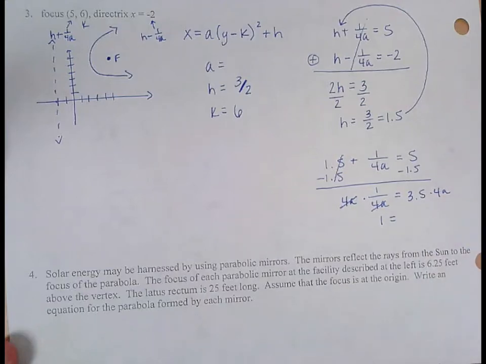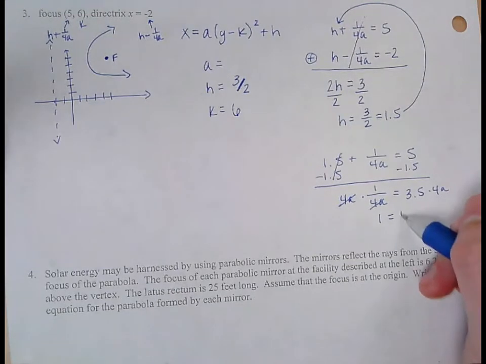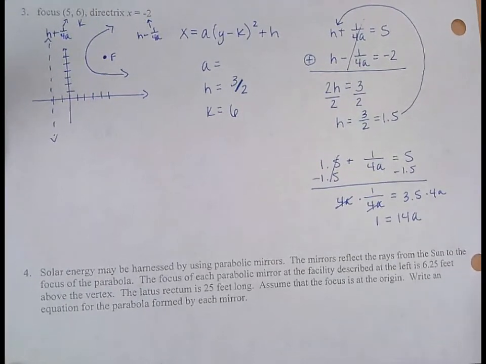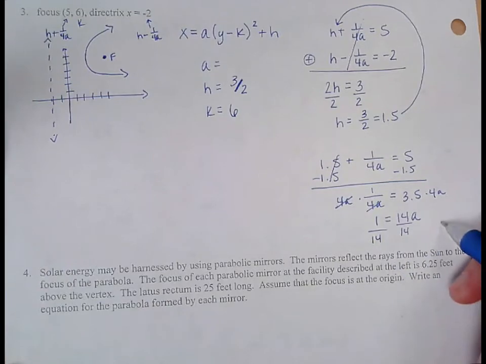So 1 is equal to 3.5 times 4, which is 14, so 14a. Divide by 14. And a then is 1/14.